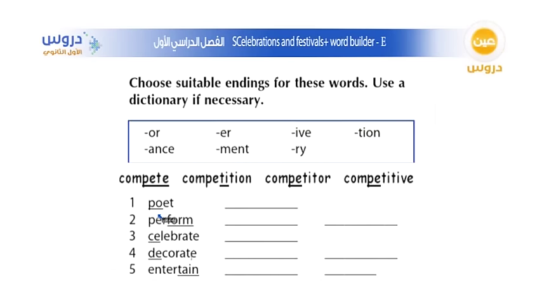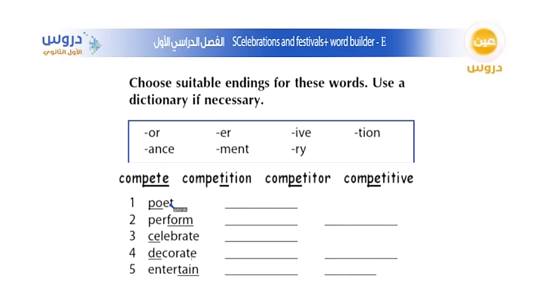We can take the word poetry. Excellent. Very good. We've got also perform, the verb perform. Excellent, Miss Ala. Perfect. What words can we build from the word perform?